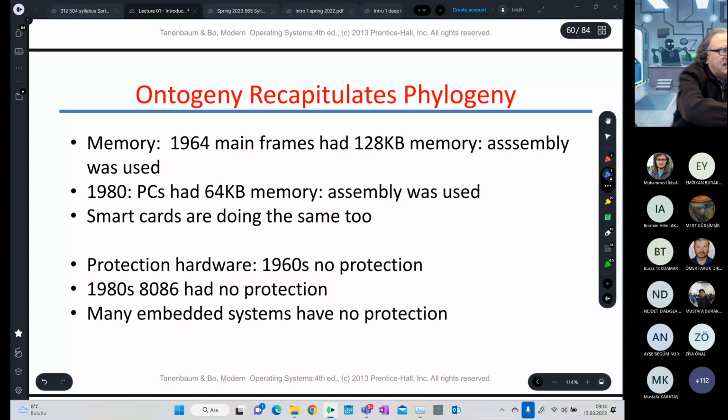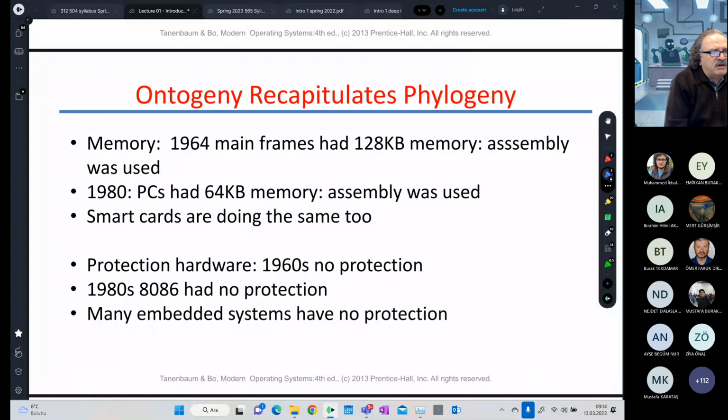So in these 20 years, we had to go back and write our programs in assembly. And nowadays, or maybe 10 years ago, smart cards were doing the same thing. We have these kinds of memories available on our smart cards.